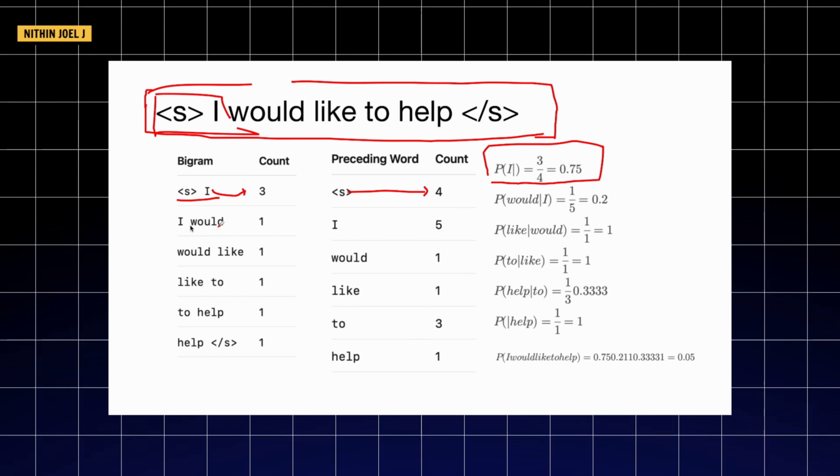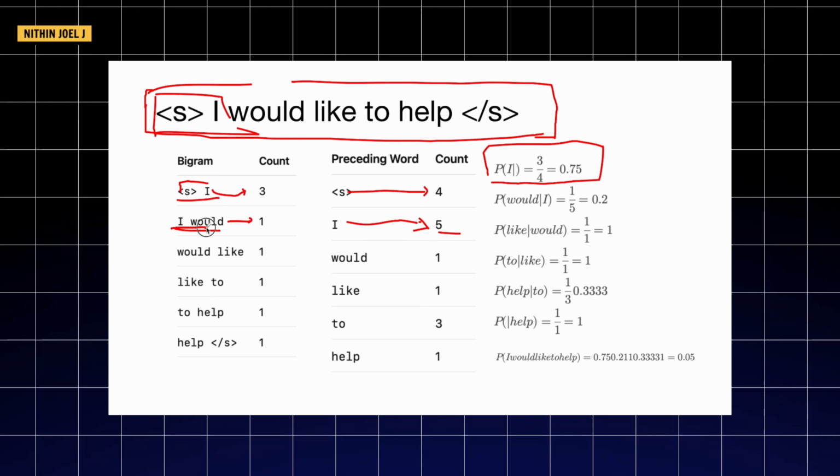And second, we have I and would. Would occurs 1 time after I, and I occurs 5 times. What I'm trying to say is that in the first case, I along with <s> occurred 3 times and <s> alone occurred 4 times.